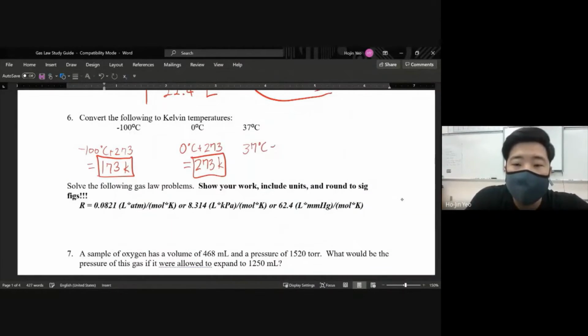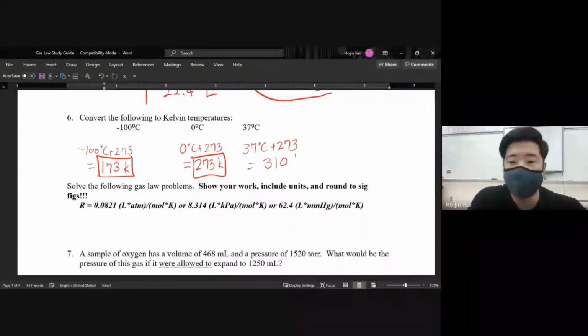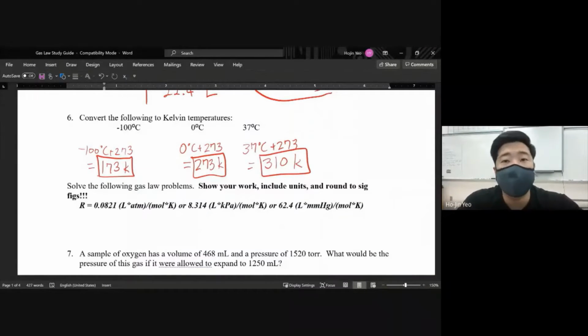Now 37 Celsius plus 273 will give you 310 Kelvin. So there you have it.